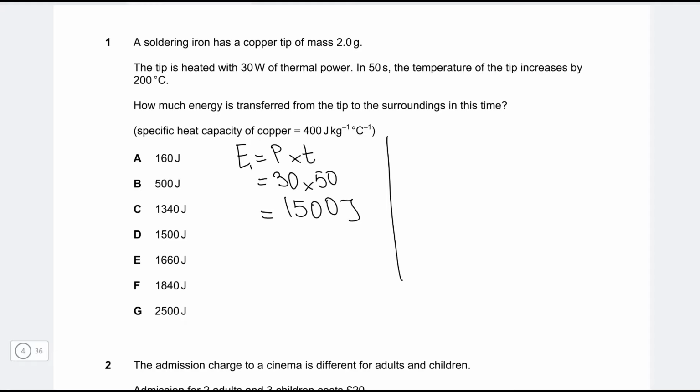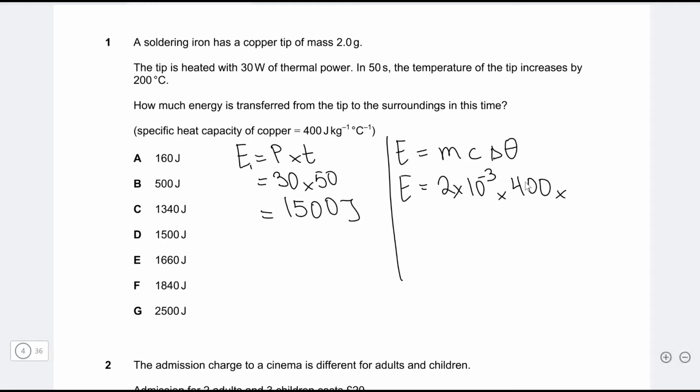Our output energy will be given by E = mcΔθ, the specific heat capacity equation. Let's figure this out. This is going to be the mass, 2 grams converted into kilograms, 2 times 10 to the power of minus 3, times the specific heat capacity, which is 400, times the change in temperature.